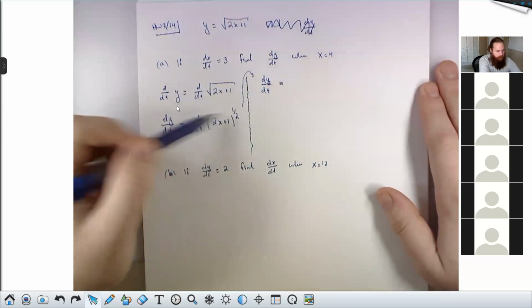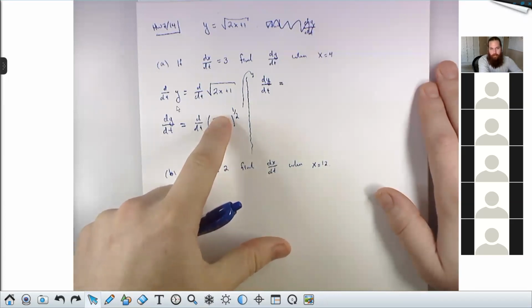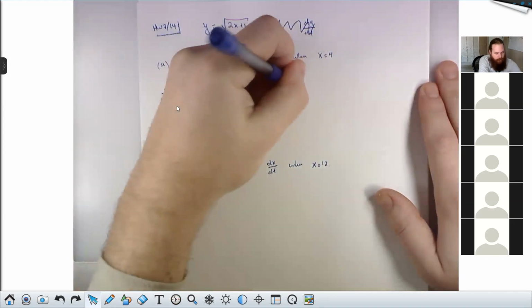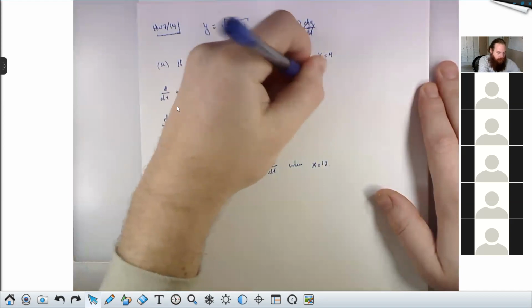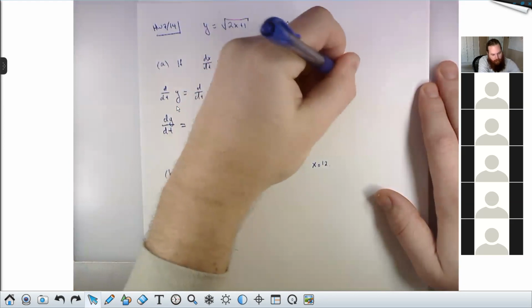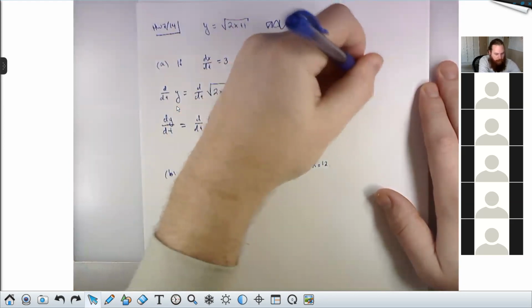So first, I differentiate the outer function, which is that 1/2 power. So I'm going to bring the 1/2 down and reduce the 1/2 power by 1, and then multiply by the derivative of the inside. So I'll have 1/2 (2x plus 1) to the negative 1/2 times d dt of 2x plus 1.